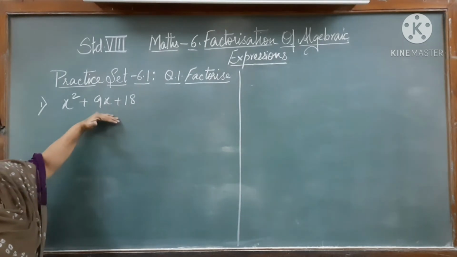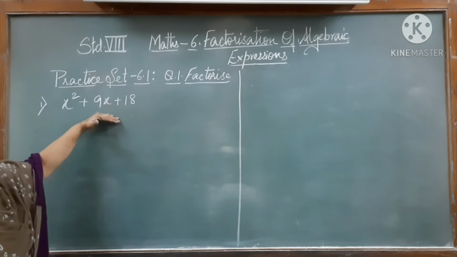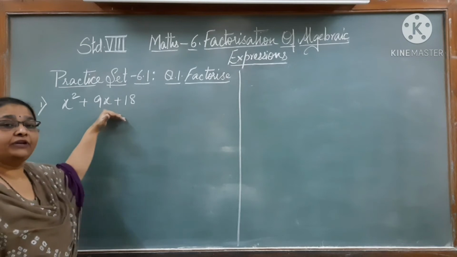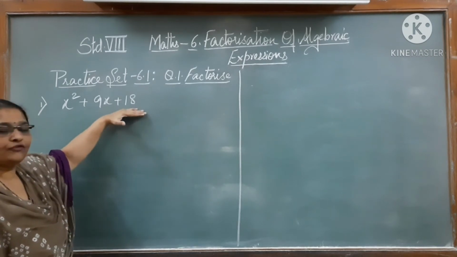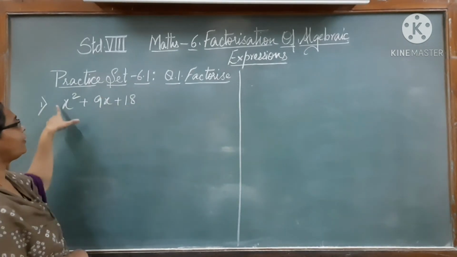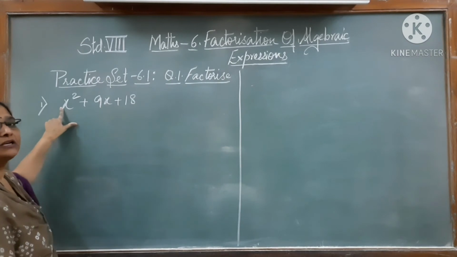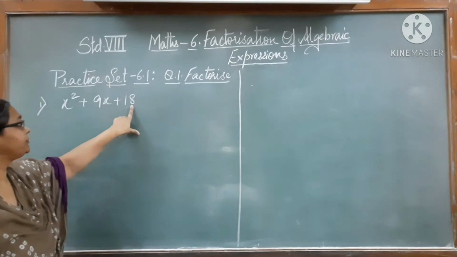Now, this is a quadratic trinomial and we are going to find out the factors. To find factors, we have to find the product of the coefficient of the first term and the constant term.